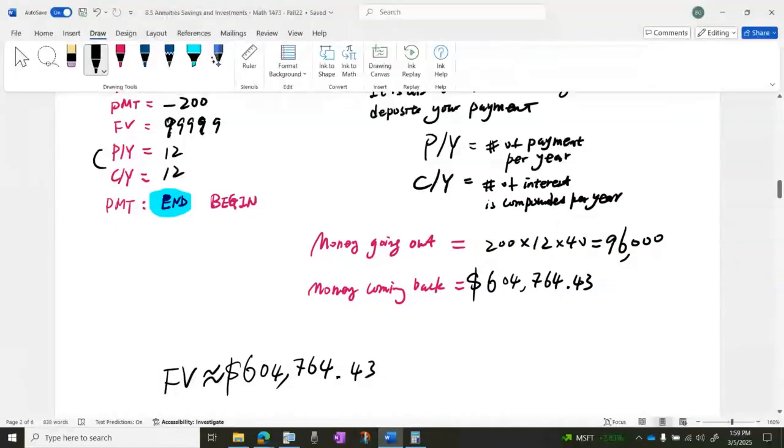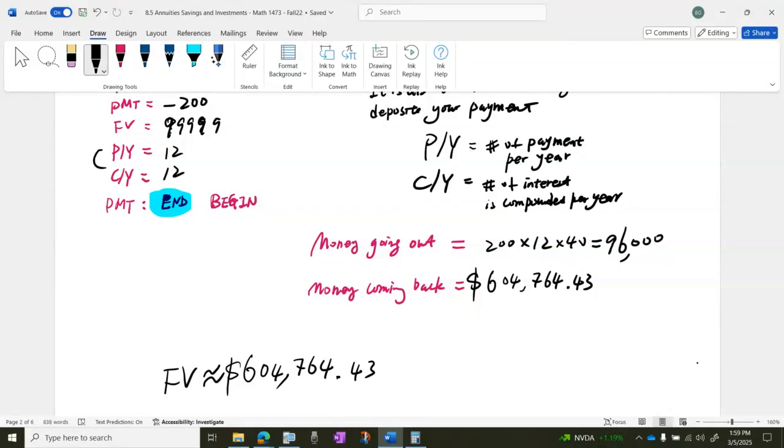But that is a 40-year effort, right? Do you agree? The difference between the two amounts is there because you are investing. It's a very safe way to invest money. It's not like the stock market, where you could end up with less money coming back than money going in. But this is a very safe way to invest. So the future value is more than the money you put in.